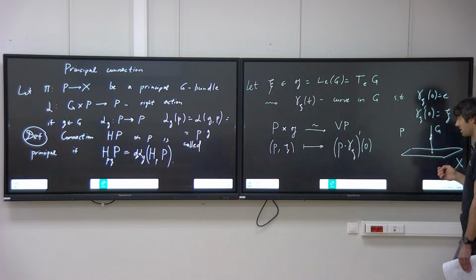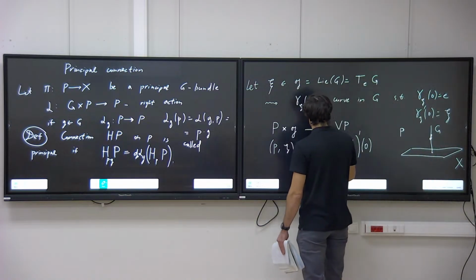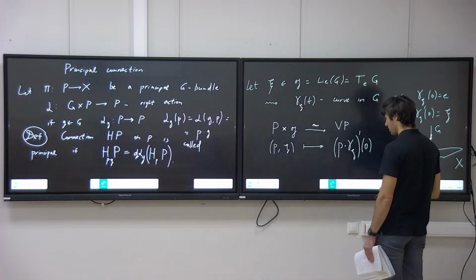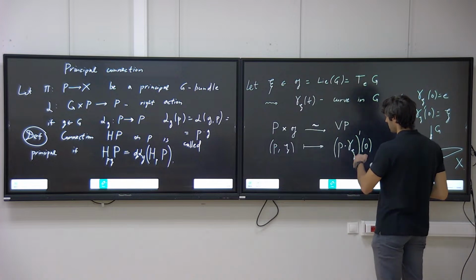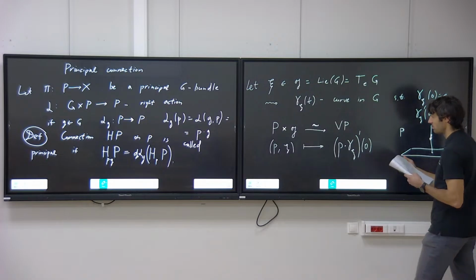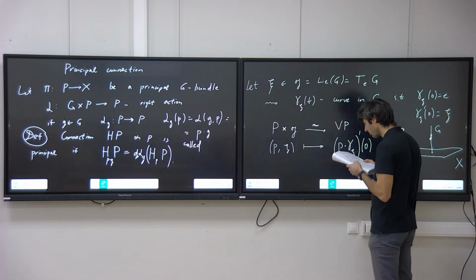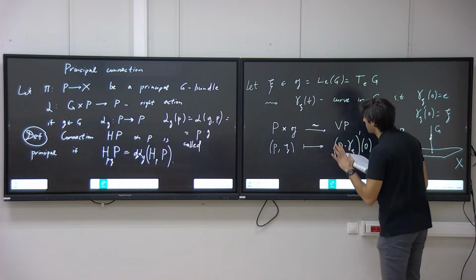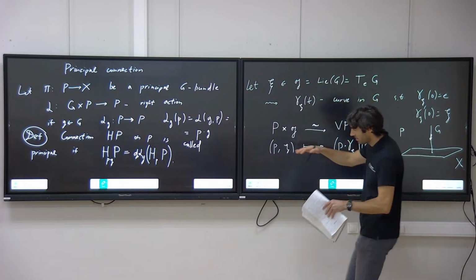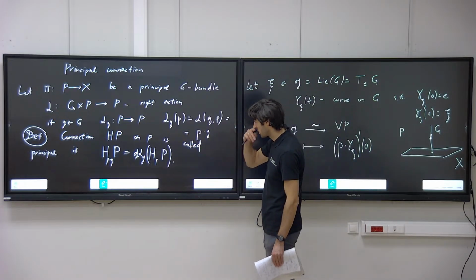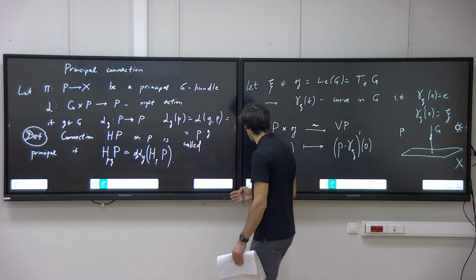Well, I'm saying that this is really an isomorphism of vector bundles over P. And therefore VP is really trivial, isomorphic to this one. Okay, so my goal: I defined principal connection as an Ehresmann connection with some additional property.